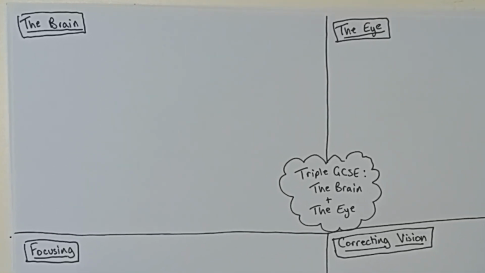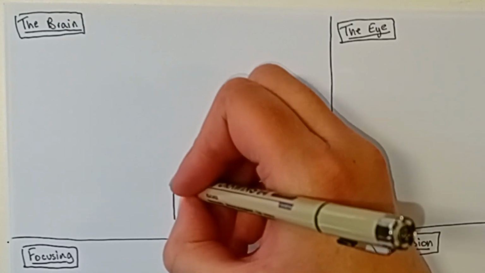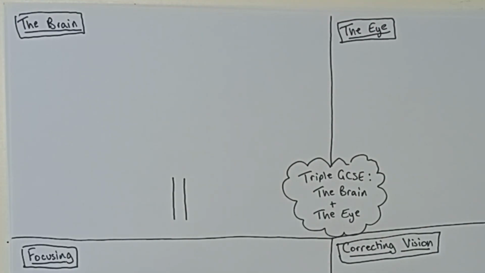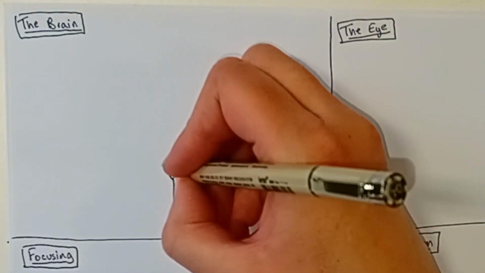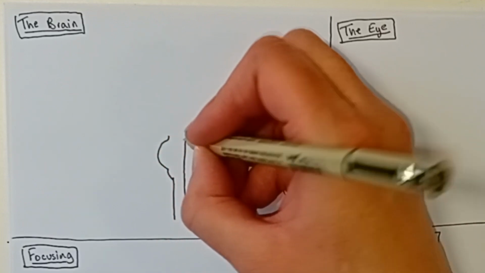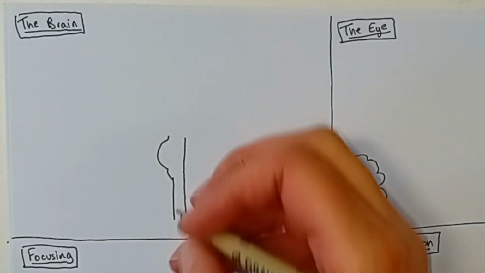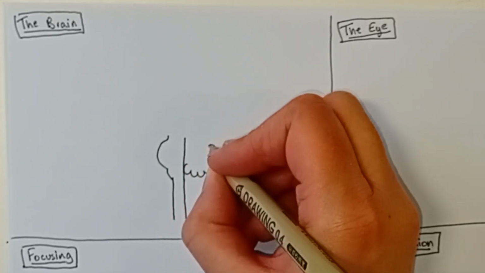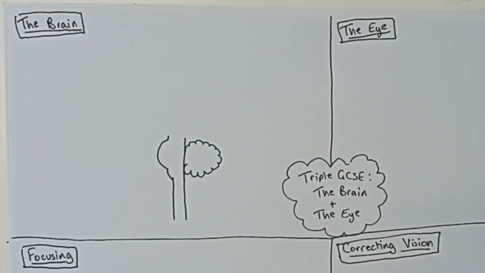Let's start off with the brain then, and we're going to draw the top of the spinal cord first. So remember, the brain attaches directly to the neurons that run up the middle of your backbone. And then there's a sort of bulge in it at the top. At the back of the brain, there's a very small, lumpy body called the cerebellum.